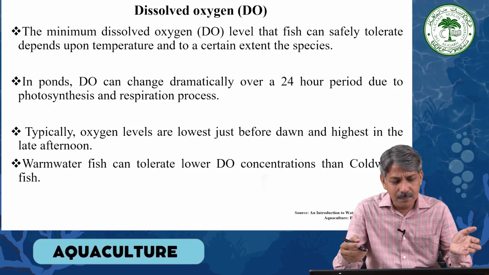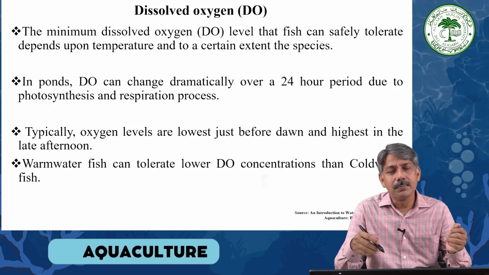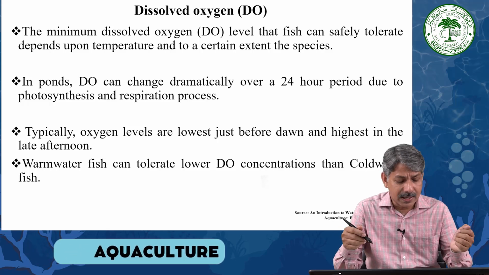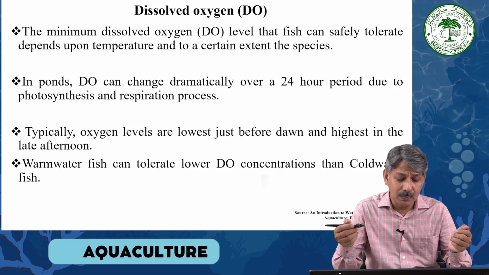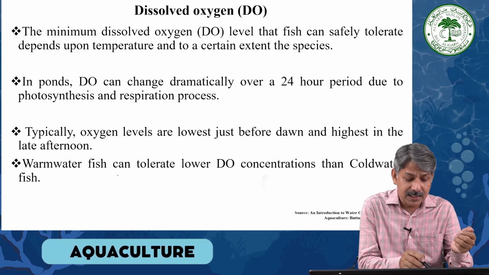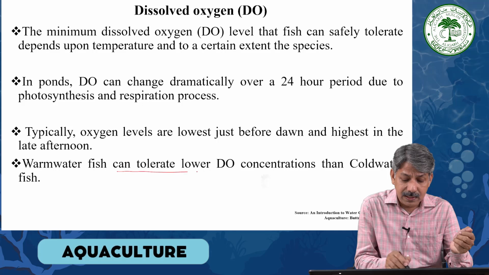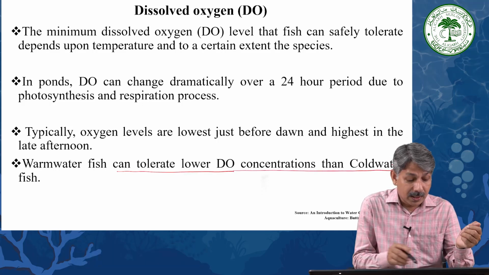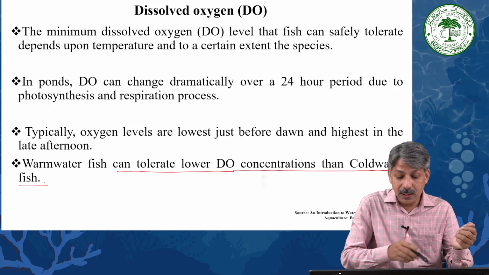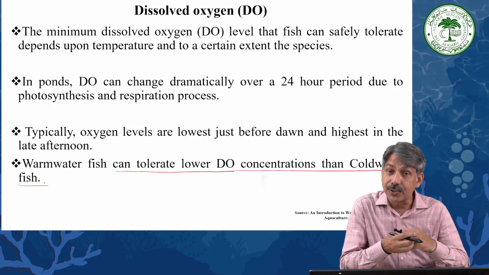So we can monitor the dissolved oxygen level, and in fact, warm water fishes, here it is written, can tolerate lower dissolved oxygen concentrations than cold water fishes. Why?